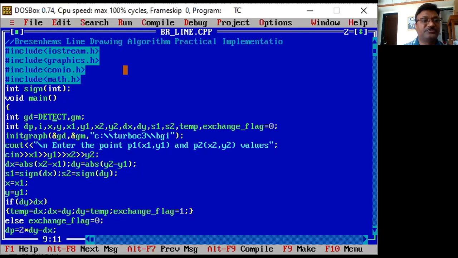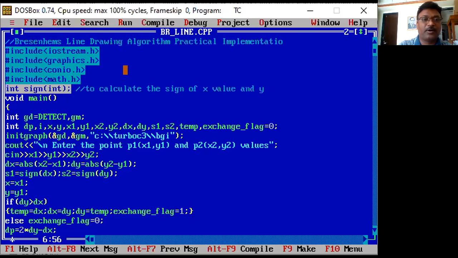Now this is the sign function. What is the purpose of this sign function? To calculate the sign of the x value and y value, meaning whether you are incrementing in x or y.